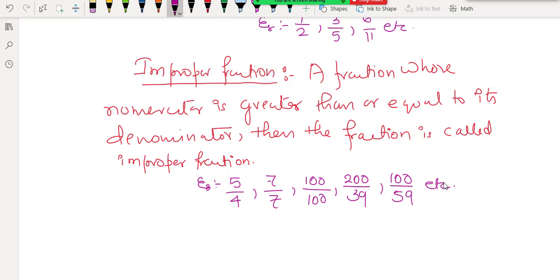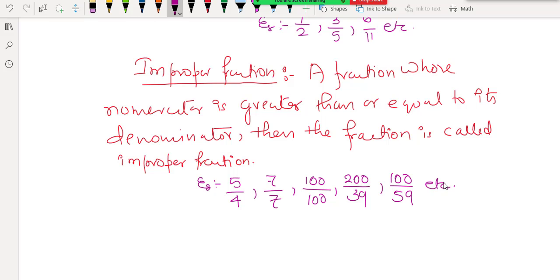Can you tell me how many improper fractions there are in our mathematics? How many improper fractions can you write?